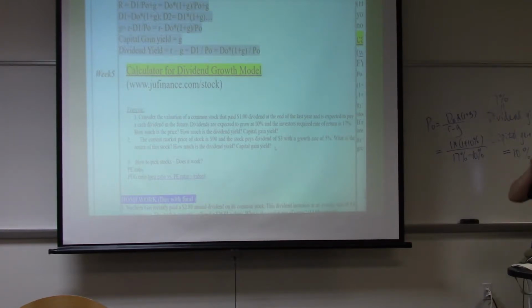So see, just 3 multiplied by 1 plus 5% over, oh, it's wrong, I don't know. How much? It should be 3 multiplied by 1 plus 5% over 90, and plus 5%.